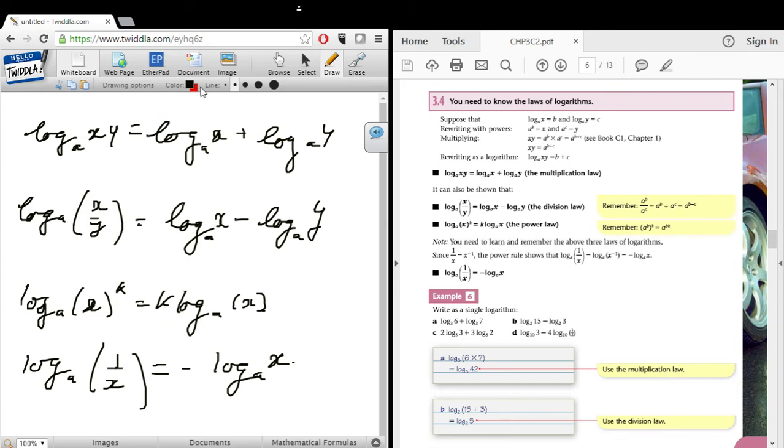And you can relate this all to power of indices. So once again, obviously we can see that we would have here the multiplication of x and y is denoted by the addition, the division here is denoted by the subtraction, okay, and this power here is multiplied by the coefficient at the front.